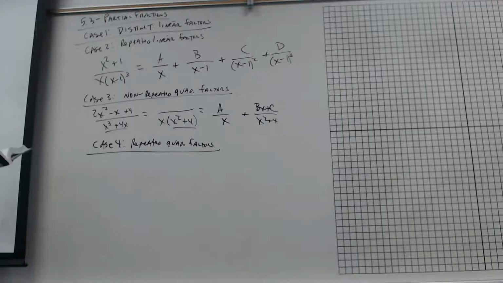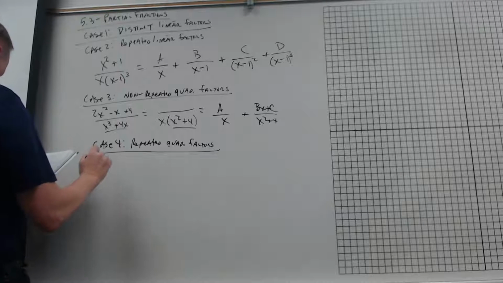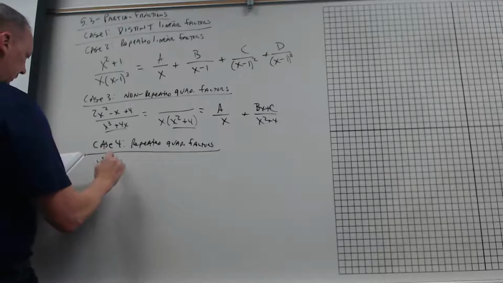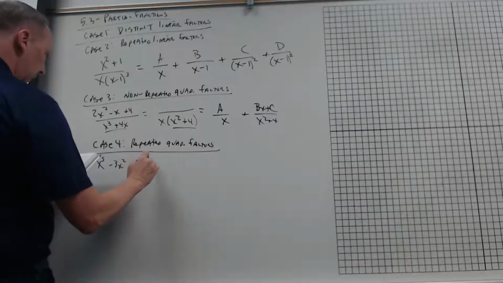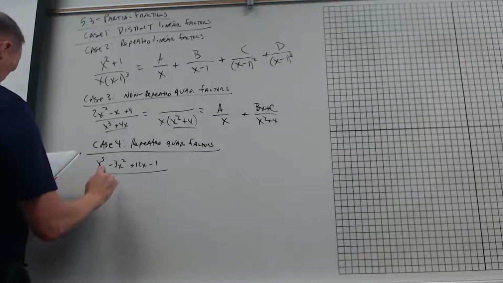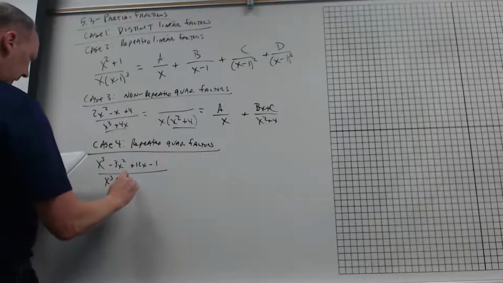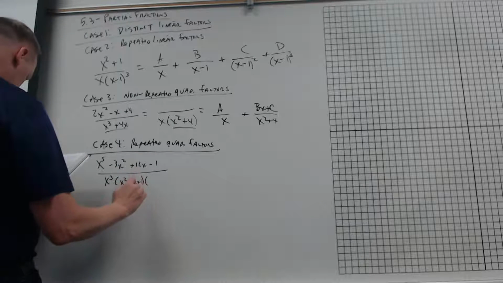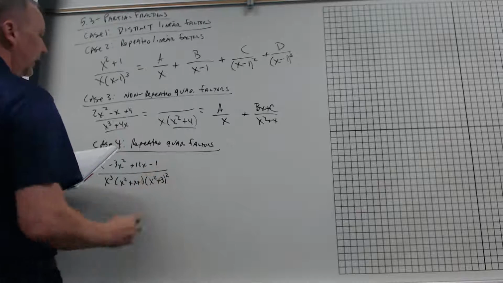Yeah, I like this one. Okay, so let me do x to the 5th minus 3x squared plus 12x minus 1 all over x cubed times x squared plus x plus 1 times x squared plus 3 squared.